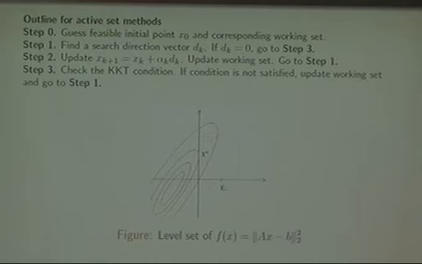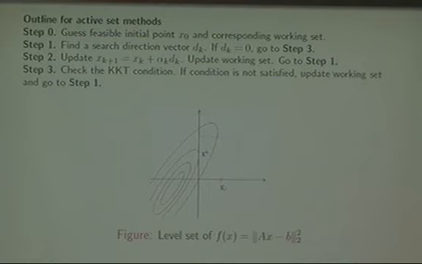The most popular algorithm for this inequality constraint problem is the active set method. Active set is a combinatorial algorithm. It separates the constraints into two categories: equality constraints and inequality constraints.